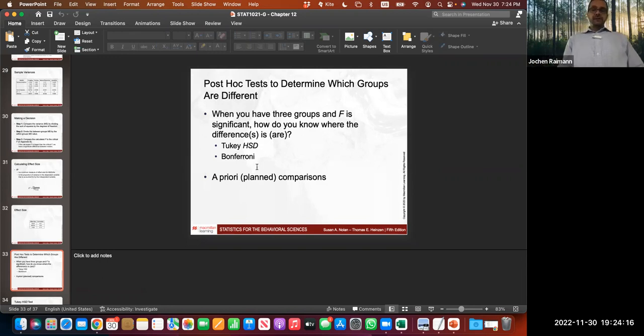The post hoc tests that we will discuss, and there are more, I think there's like 5 or 6 to be found that allow for post hoc testing. The 2 that we will discuss are the Tukey honest significant difference test and the Bonferroni pairwise comparison test.